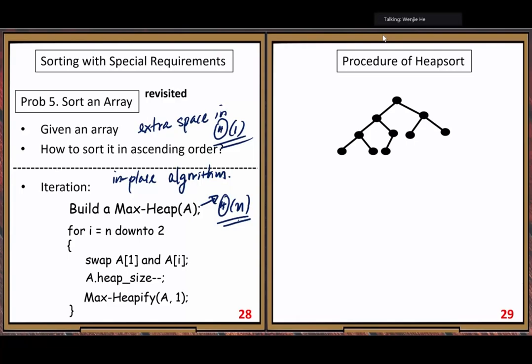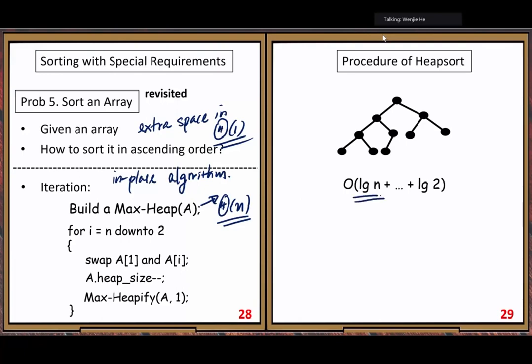First, after the swap, we need to run max heapify. But for max heapify, think about it, we go from top to bottom. We follow a longest path from top to bottom. How many comparisons? Log base 2 of n.